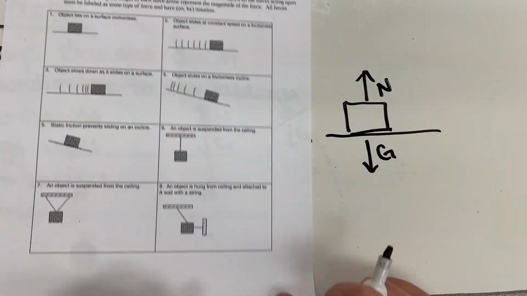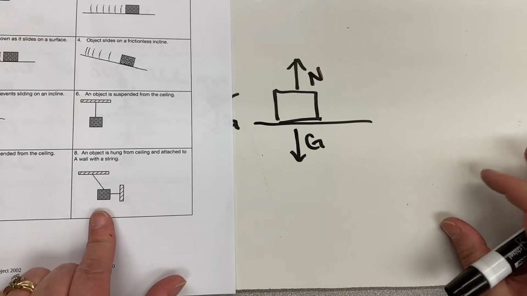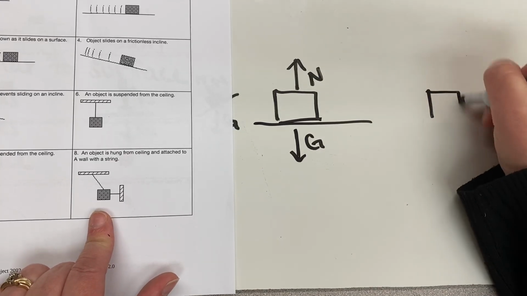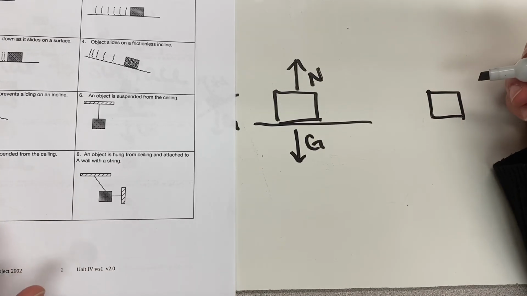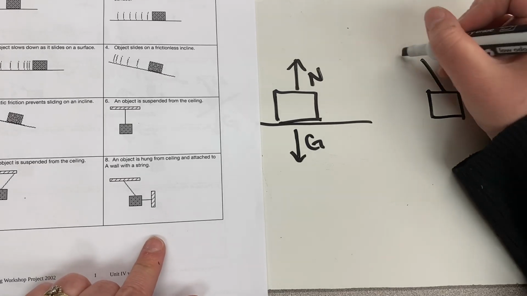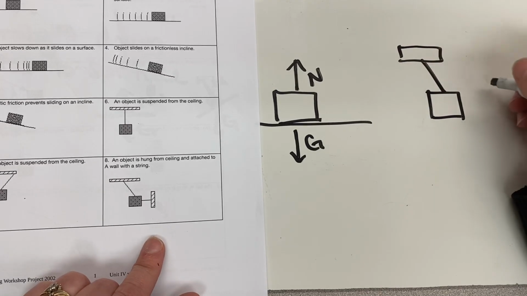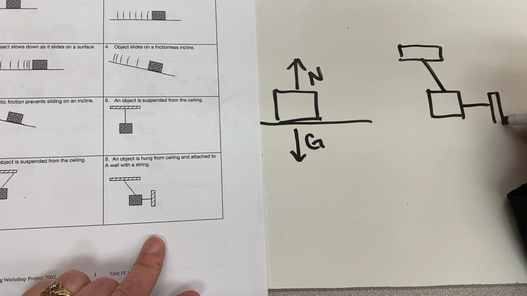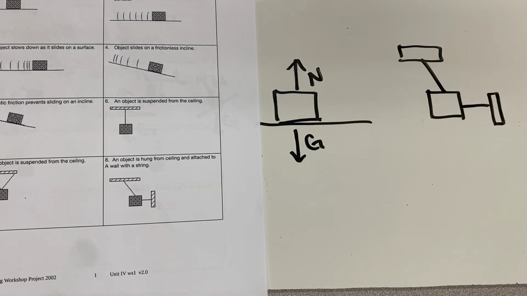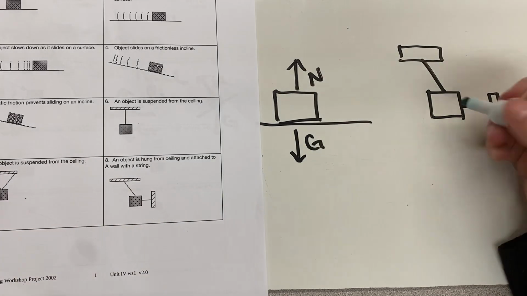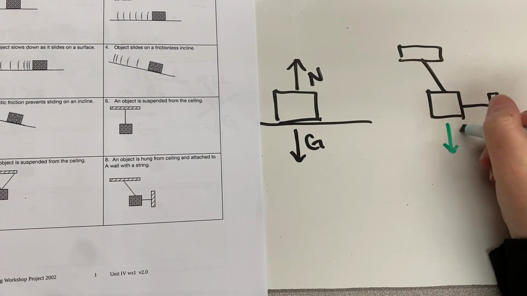Okay, let's take a look at number 8 also. Number 8, we have an object that is suspended from the wall, and it's got another rope here. So if we look at this one, let's switch colors here. We're going to have our gravitational pull downwards.